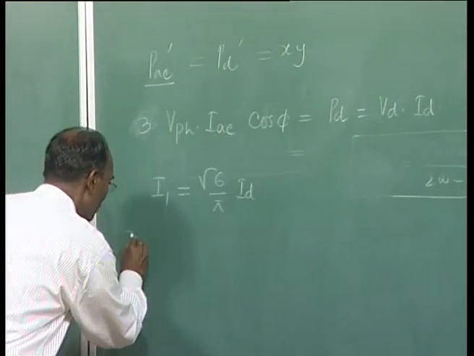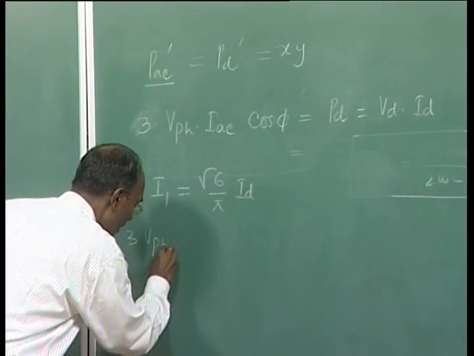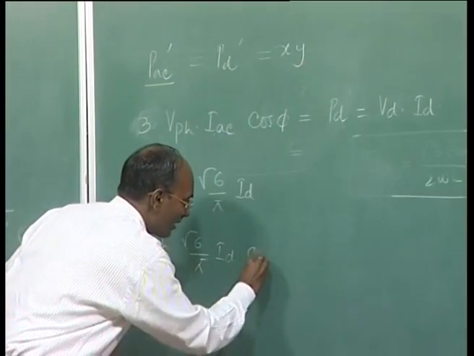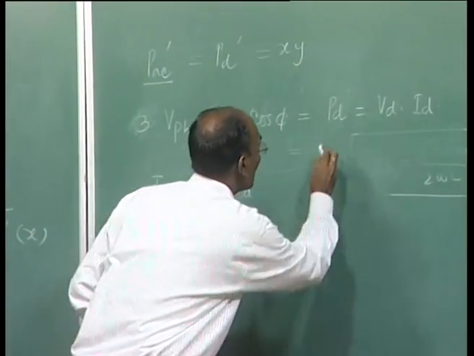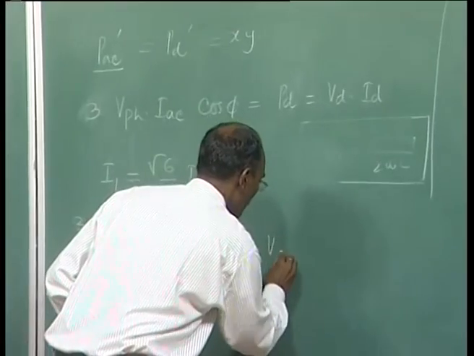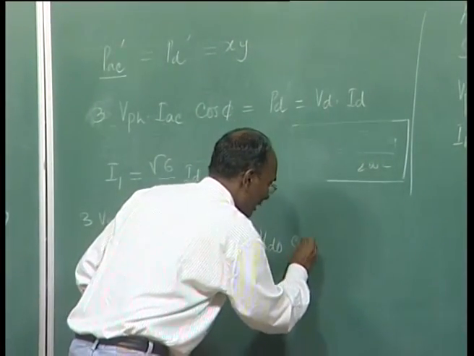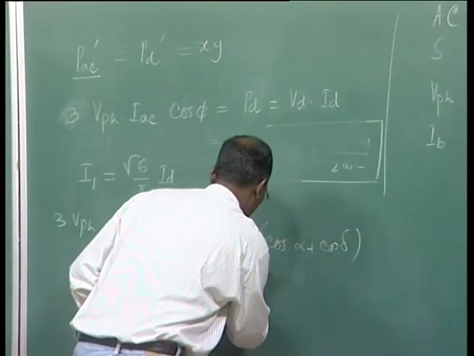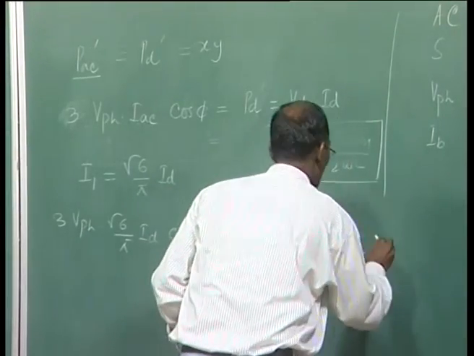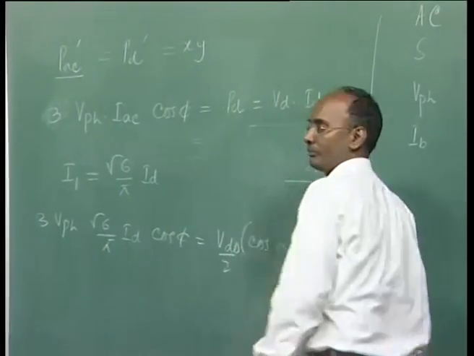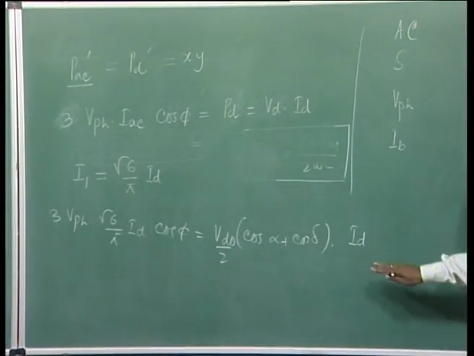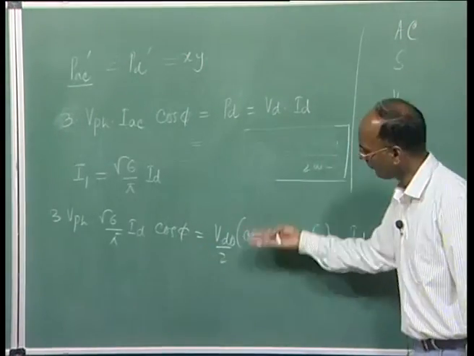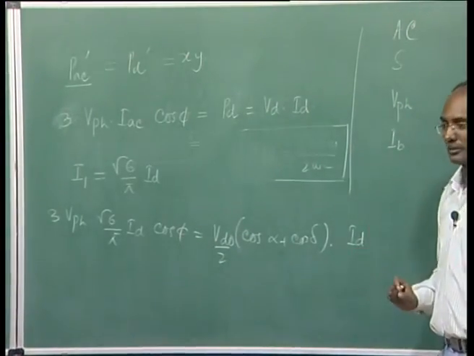So we can write here 3 V phase into your under root 6 by pi into ID cos phi. This value is your VDO cos alpha plus cos delta by 2 into your ID. Just from here I want to derive this first, the power displacement factor, and then we'll come back here in the current, that is easier.